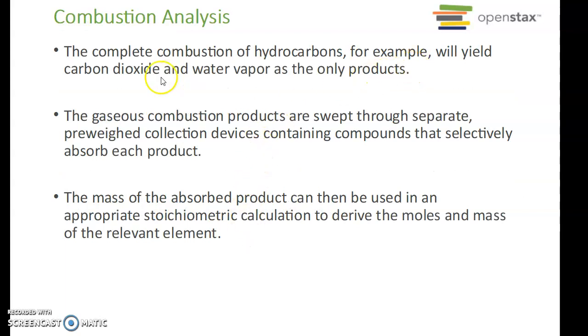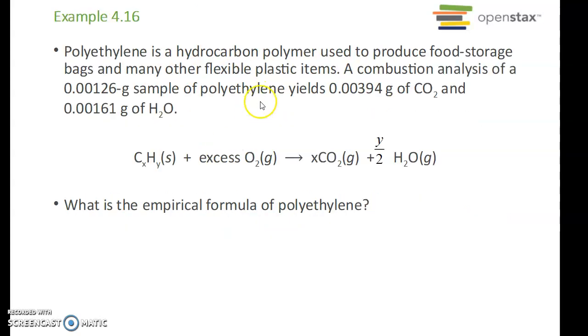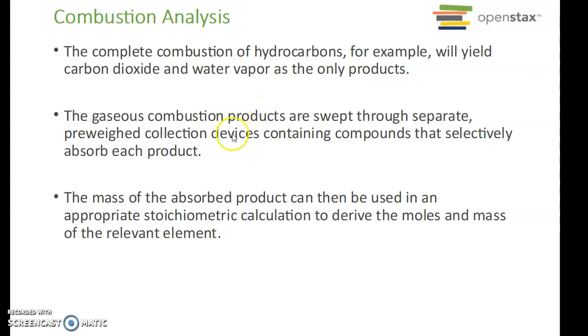Okay? So you're going to get carbon dioxide and water vapor out of this. And if you put it over something that selectively absorbs the water or something that selectively absorbs the carbon dioxide, the mass of the absorbed product can then be used in an appropriate stoichiometric calculation to derive the moles and the mass of the relevant element.